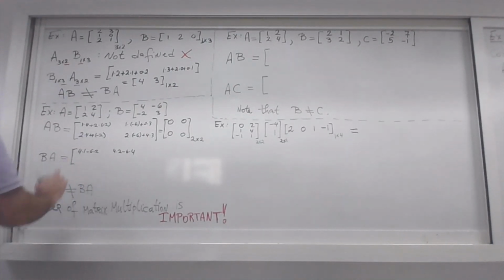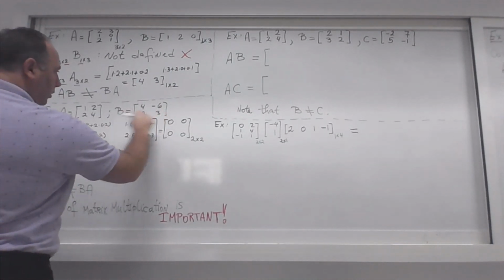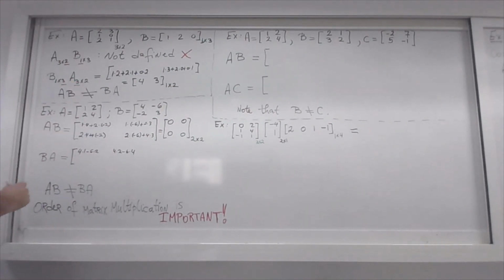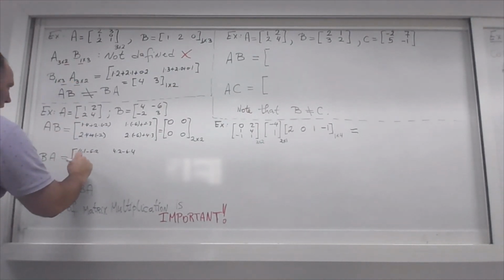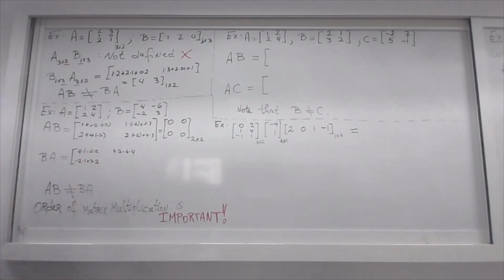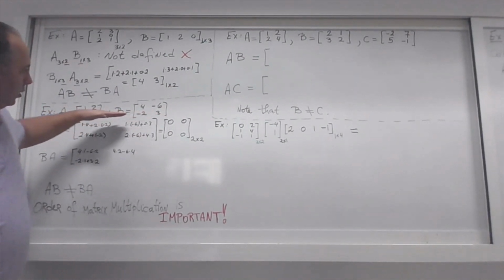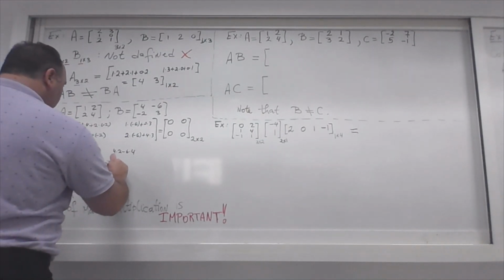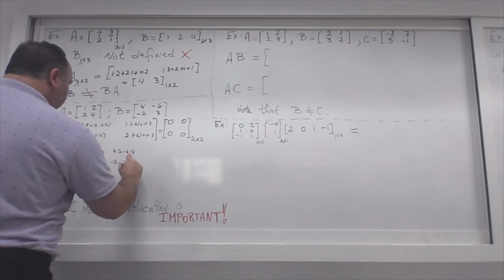Entry 2, 1, row 2 from B, dot product, column 1 from A. So minus 2 times 1 plus 3 times 2. Entry 2, 2 of the product will be row 2 from B, dot product, column 2 from A. So minus 2 times 2 plus 3 times 4.